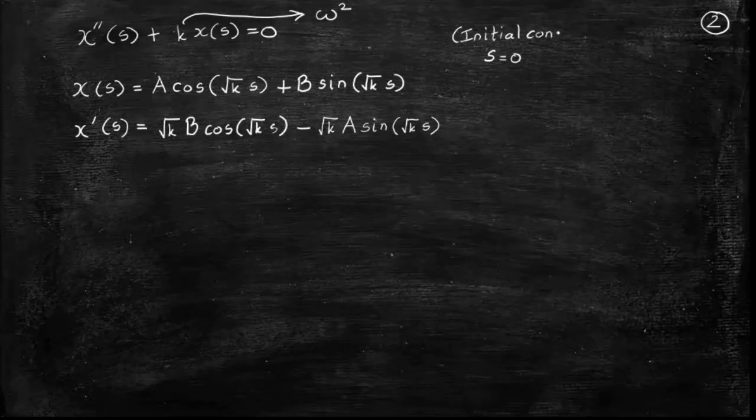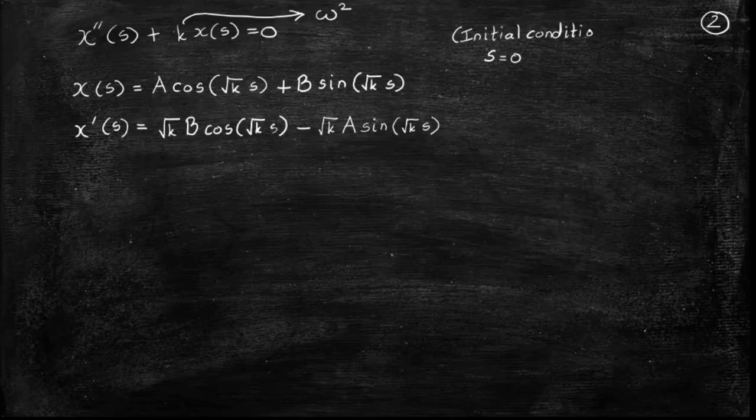What you mean by initial condition is you put s equal to 0 at the entrance of that particular region. So when the particle entered that region, it had a particular value of x and a particular value of x prime. And how do x and x prime evolve as you move through the accelerator? That is what you are trying to find out when you say initial conditions.